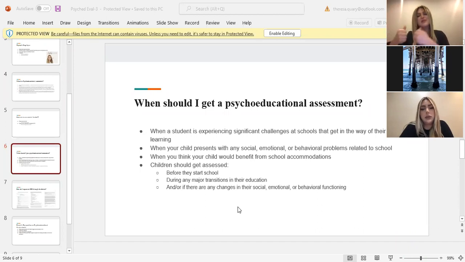The parent is saying, well, this doesn't really capture who Johnny is. I feel like the school is not really understanding his true abilities because of the way the assessment was conducted or the types of assessments that were conducted, or because the child has so many different things going on, whether it's autism, learning difficulties, ADHD, et cetera, that we really need someone who is an expert in this to be able to understand it.